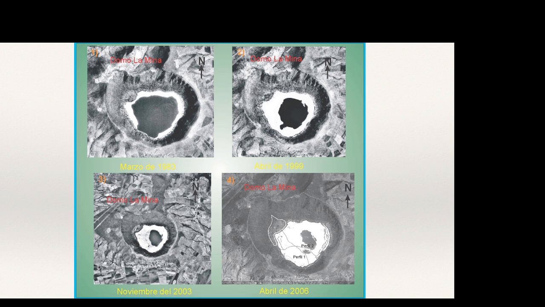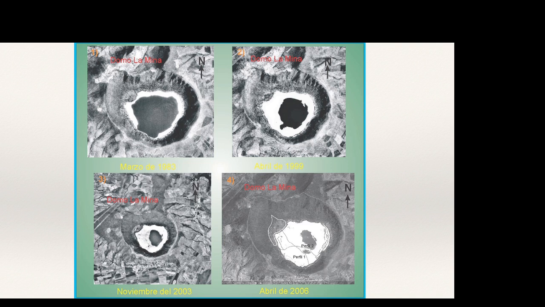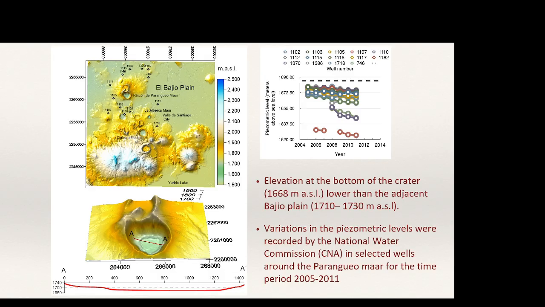The lacustrine system was active until the decade of the 1980s in the last century, when it began to decrease its level progressively. This is 1983, and this is 2006. And the reason for the decrease of the water level was the extensive agriculture that is going on around the crater.